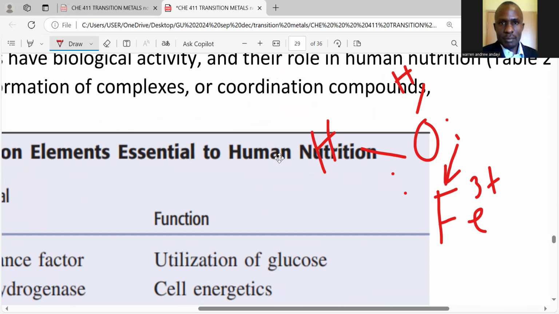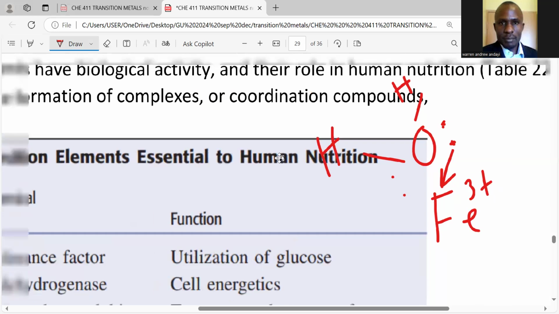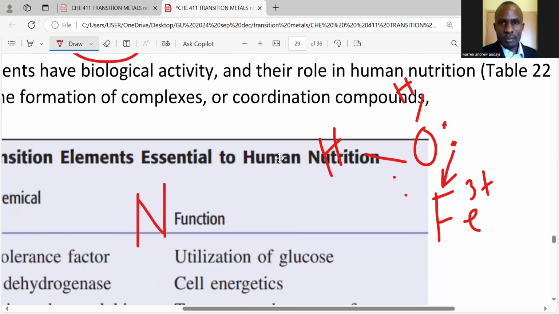A coordinate bond, not covalent, but coordinate bond. And we know that pretty well from high school: a coordinate bond is formed by one species that has lone pairs donating it to another one that does not give anything.